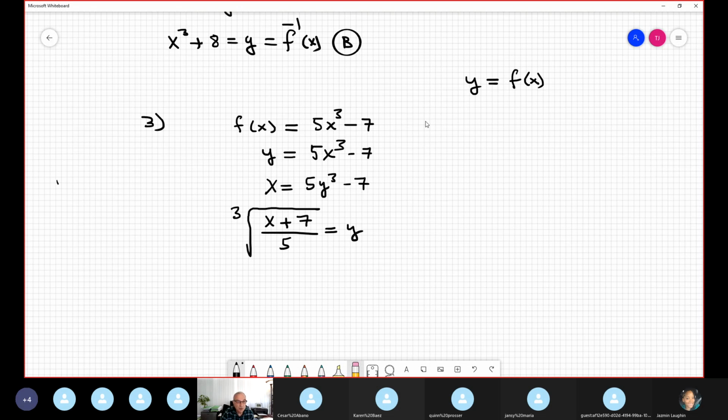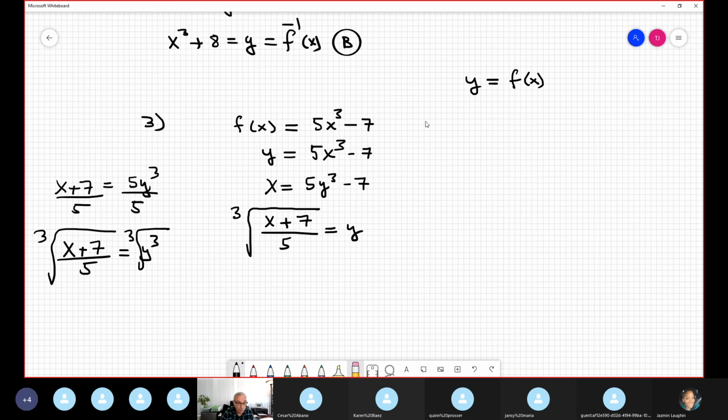Okay, step by step: x plus 7 equals 5y cubed, divided by 5 on both sides. (x plus 7) over 5 equals y cubed, but I need y alone, so take the cubic root of both sides. And this is cancelled, y stays, and is the inverse function. And this is again option B. Any question? No?